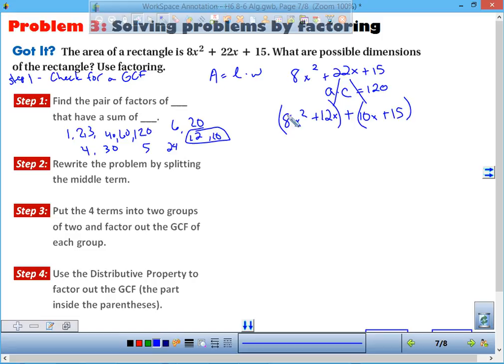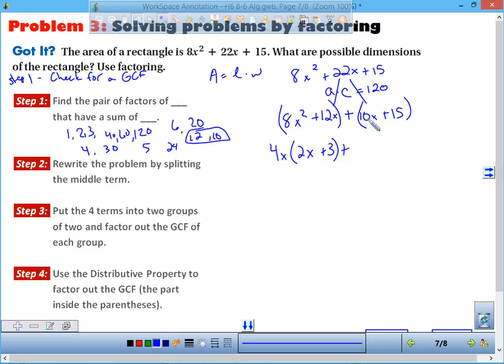So GCF of 8 and 12, I think our GCF there would be 4. And then GCF of x squared and x is just x. So now I have to divide 8x squared by 4x. 8 divided by 4 is 2. X squared divided by x is x. 12 divided by 4 is 3. And x divided by x, they cancel each other out.